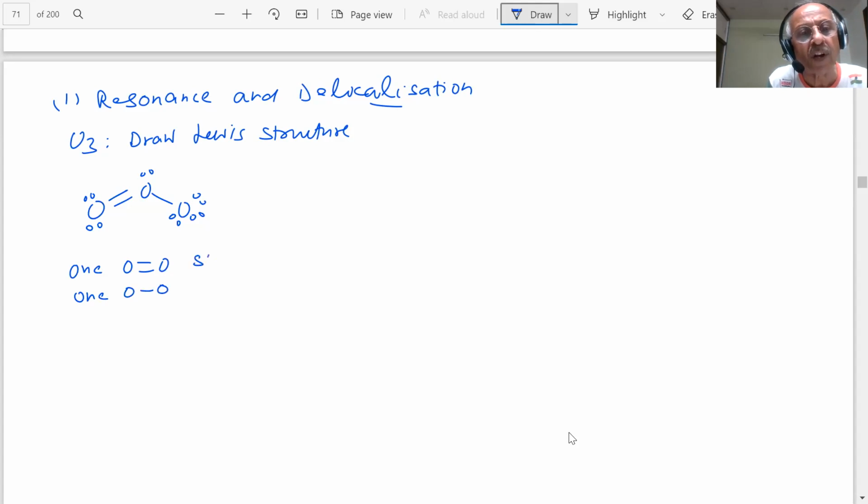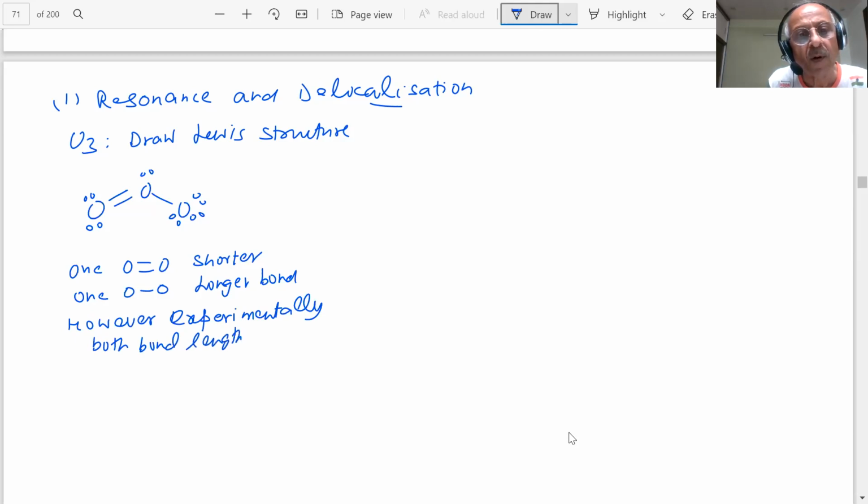The double bond is shorter, and this is a longer bond, according to this picture. But it was found experimentally, when they measured the bond length, that both the bond lengths were equal.